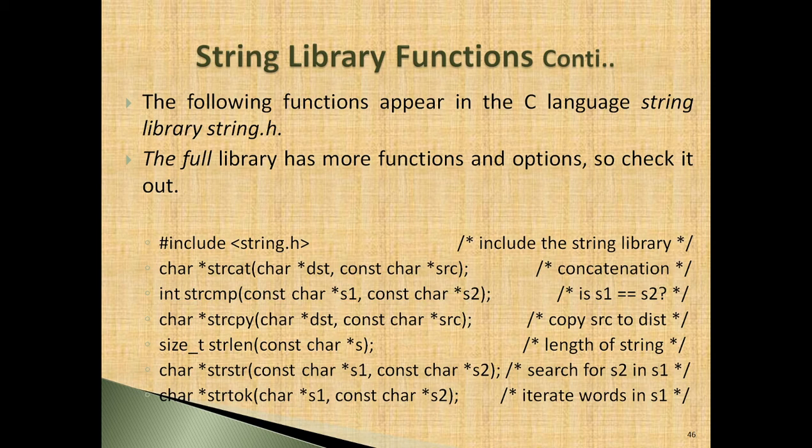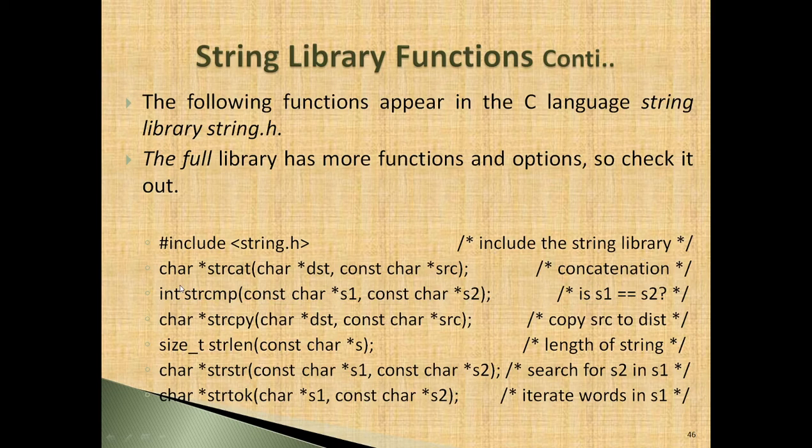The full library has more functions and options, so we can use a number of functions and options here to represent a string. So #include <string.h> includes the string library.